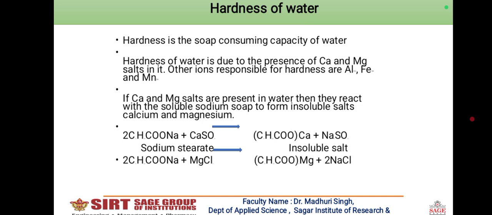When the soap reacts with magnesium chloride or calcium chloride, an insoluble salt is produced: magnesium stearate, and it also releases sodium chloride.